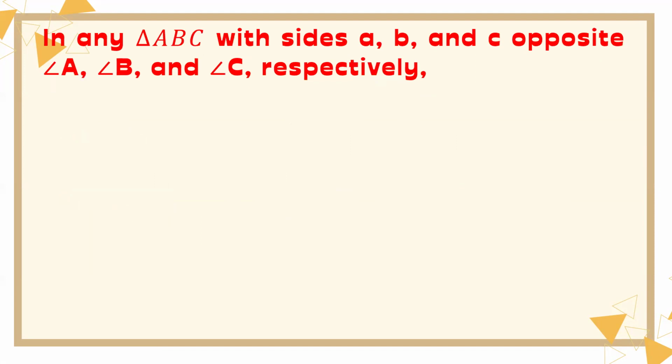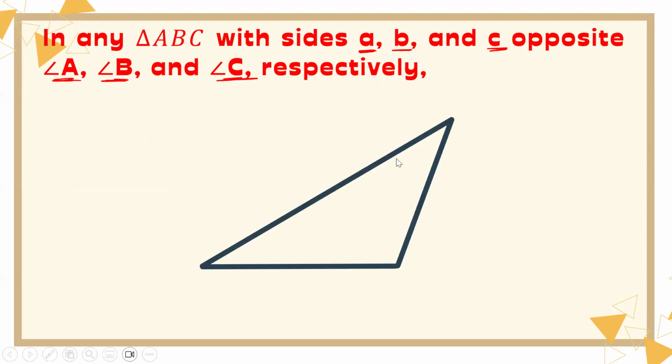So in any triangle ABC with sides a, b, and c opposite to angles A, B, and C, side a is opposite to angle A, side b is opposite to angle B, and side c is opposite to angle C, right? So they correspond to each other.